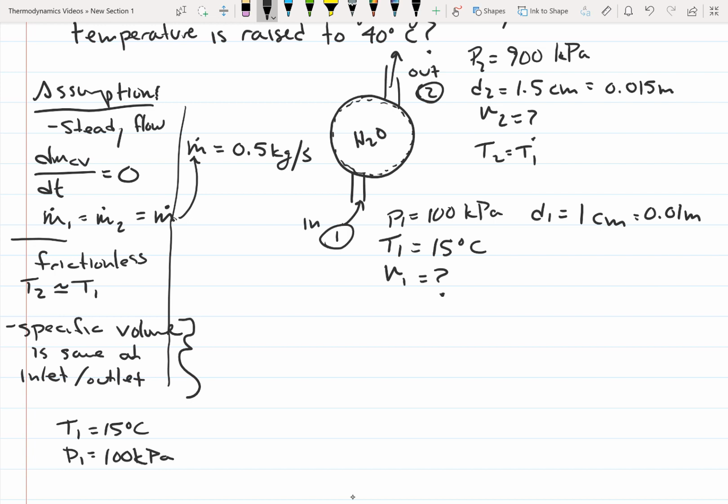Well, if we look up Psat at 15 degrees Celsius, it is equal to 1.7057 kilopascals. So basically our pressure is a lot higher than Psat, so that means that we have a compressed liquid.